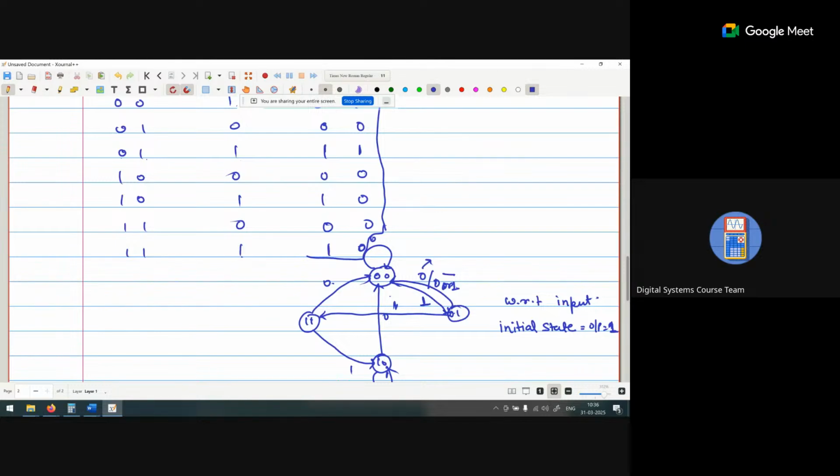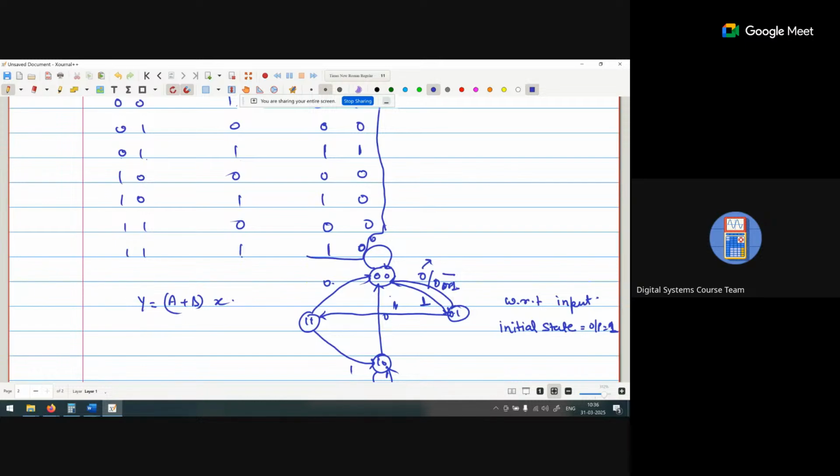Or maybe in the question some equation will also be given. For example, the question may give y equal to a plus b times x. If it is given, on the basis of this we calculate the output y.